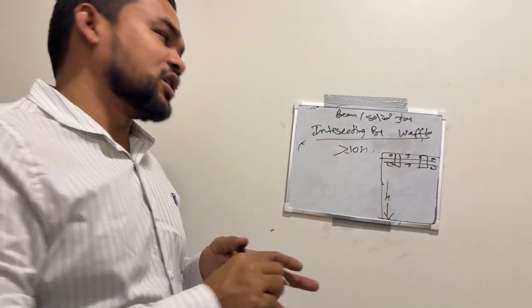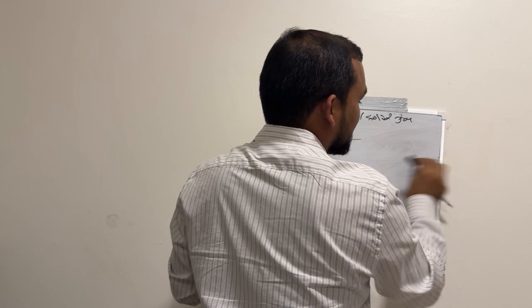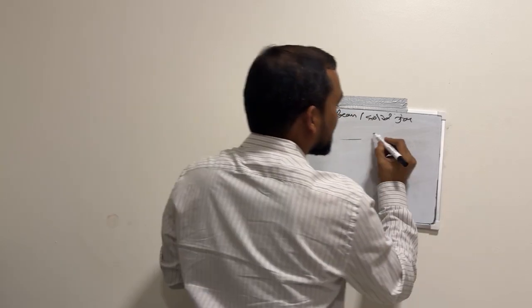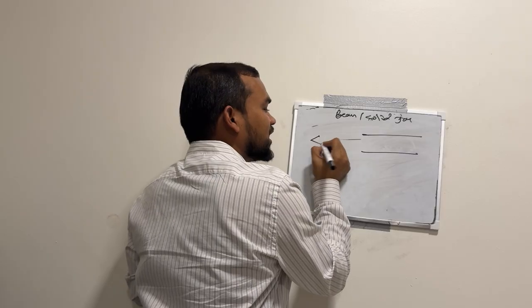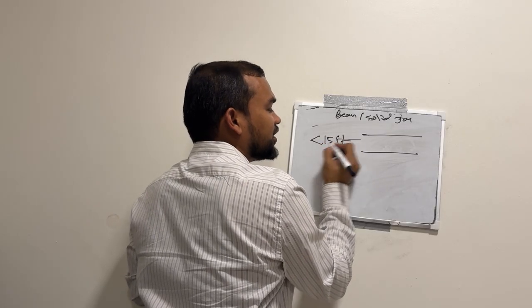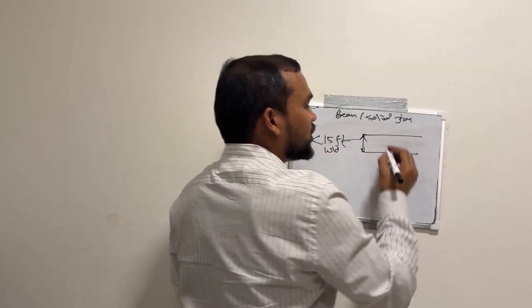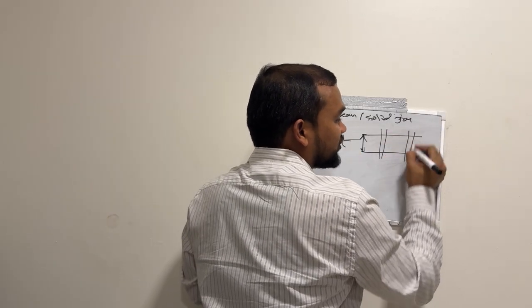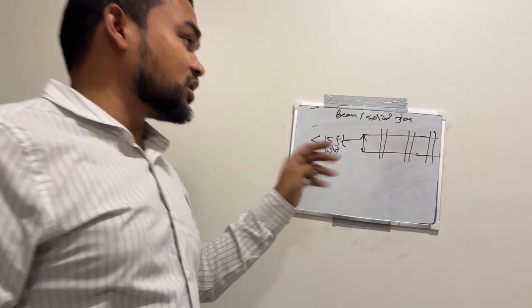And the third scenario is, for example, we have a corridor less than 50 feet in width, with a perpendicular beam across this corridor.